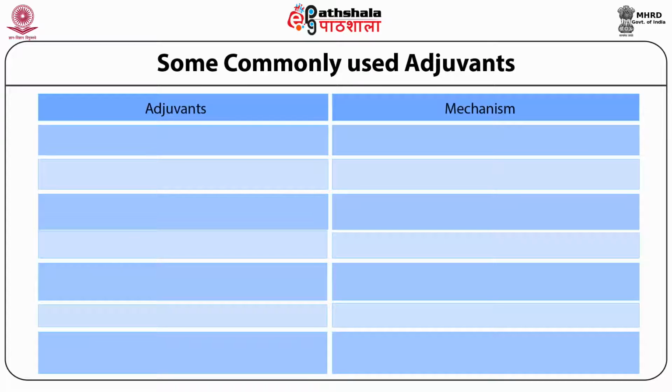Let us look at the list of some commonly used adjuvants and get some idea about the mechanisms by which they operate. Essentially, they help in the increase in antigenicity of the antigen which is being injected.